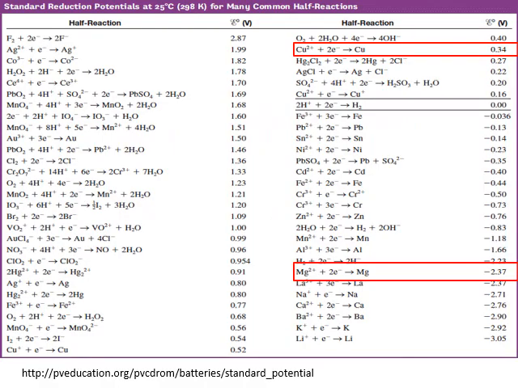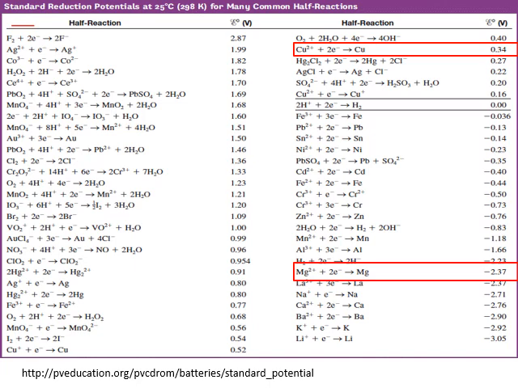So we've got the two things in red here that are in this problem. Remember this is a standard reduction potential, and we can tell that because we can see if we look over here that the things are gaining electrons on the left-hand side of the arrow. So the ones that are on the top are going to stay the way they're written, and the things on the bottom will have to be reversed because they are going to reduce the things on the top.